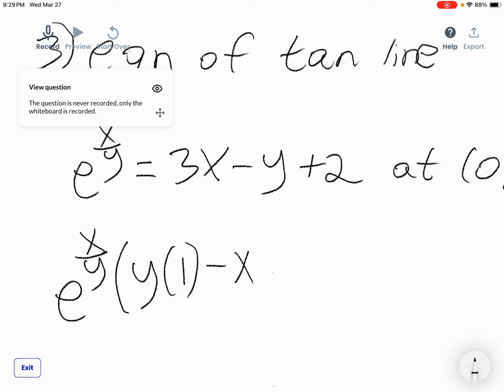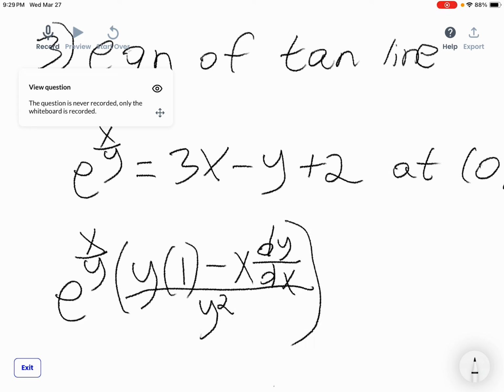The derivative of the bottom is the derivative of y with respect to x, which is dy dx. So we have the bottom y times the derivative of the top minus the top times the derivative of the bottom, all divided by the bottom squared, which is y squared. So that's the quotient rule.